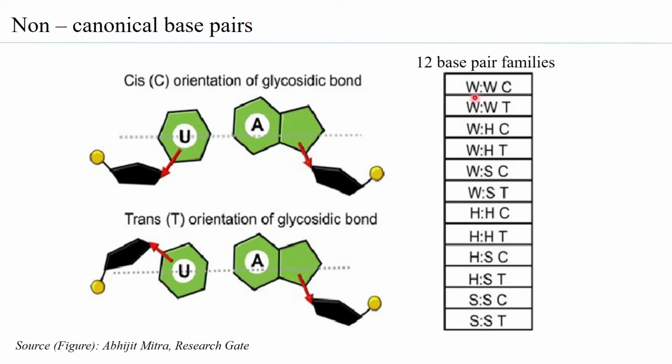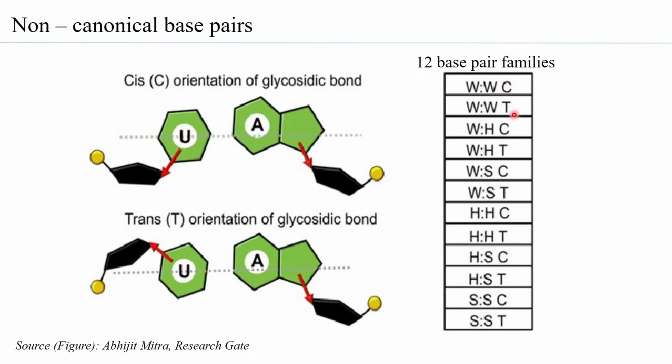Now, depending on the way the base pairs associate with each other, as mentioned, there are 12 base pair families. So here you can see Watson and Crick, Watson and Crick. You can see the base pairing is Watson and Crick, and this is the cis orientation. So this is the canonical Watson and Crick base pairing. But you may also have Watson and Crick base pairing with the sugars not in the cis form, but in the trans form.